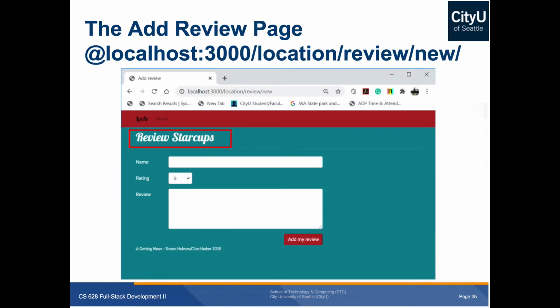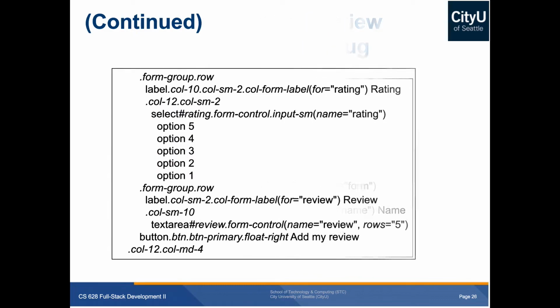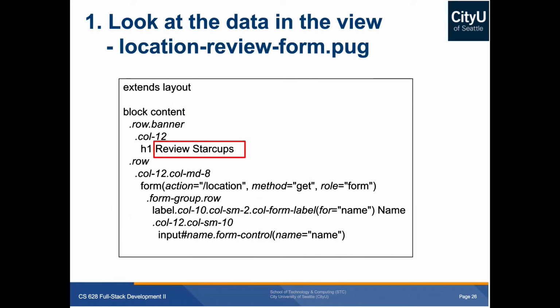Keep moving and add the review page. Again, the review page looks like this. It has the H1 tag with the review Star Cups, and the form submission starts with the form, with the action, method, and role.